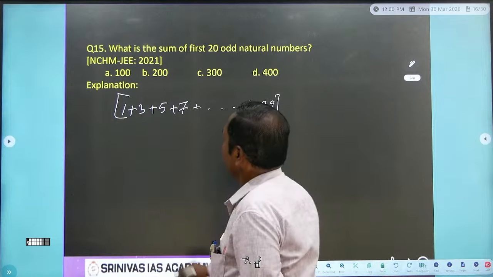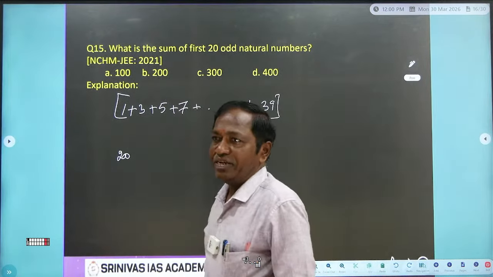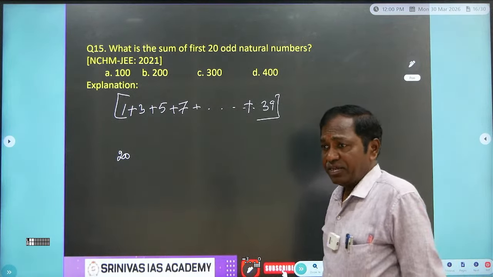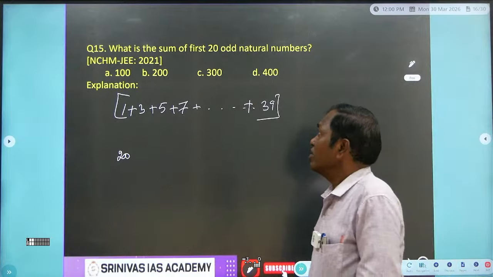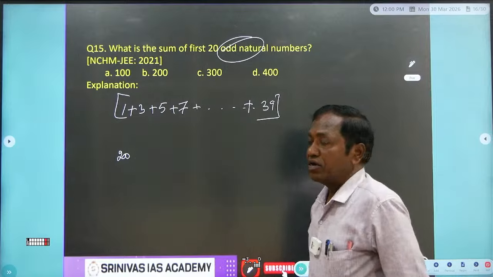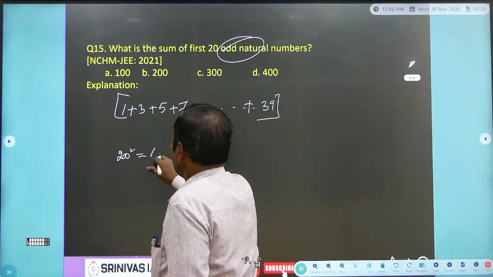Or 294, sir? Let me check that. You put a question mark for that. Sir, the first 20 natural numbers. Yes, the sum of 20 odd natural numbers. The sum of the first 20 odd natural numbers is 20 square, 400.